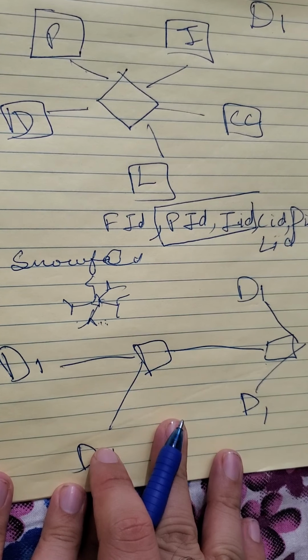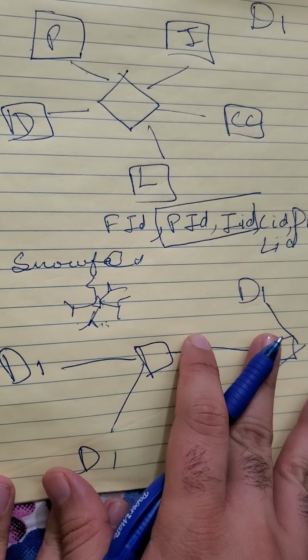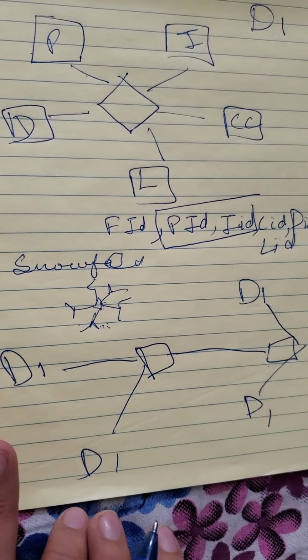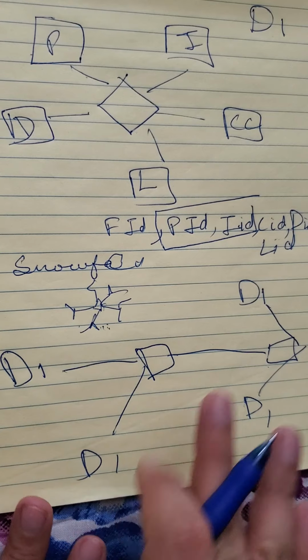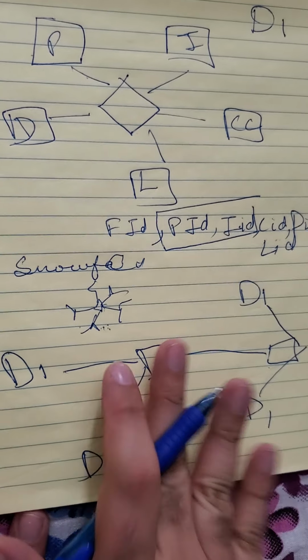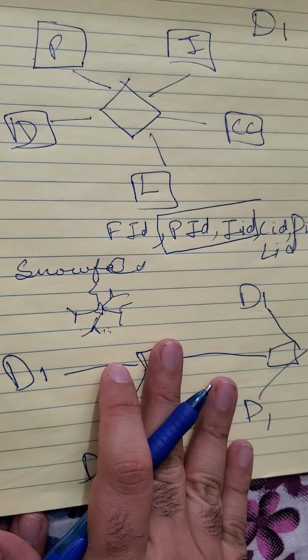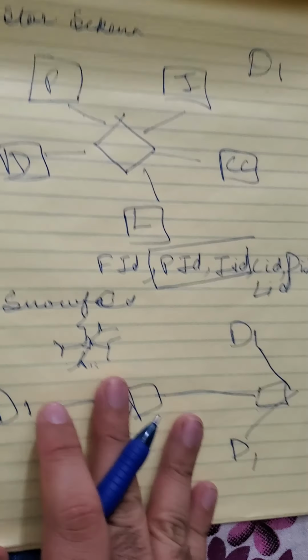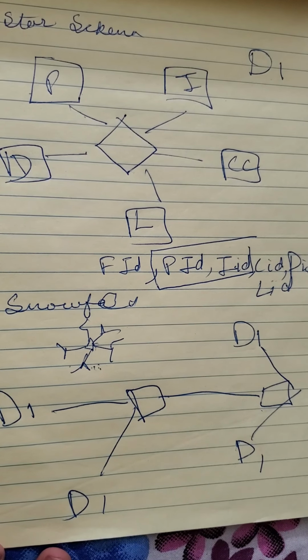So snowflake schema is when various facts are connected to various dimensions. That's how, and this is basically the practical implementation in an industrial environment, in a reporting environment where slicing and dicing is done on these facts.